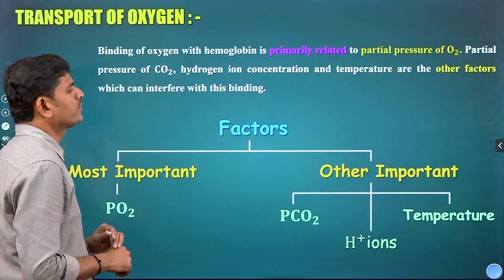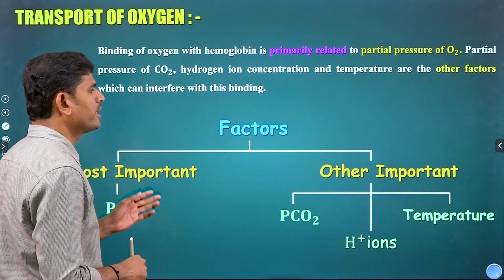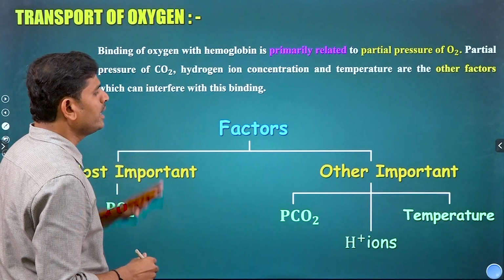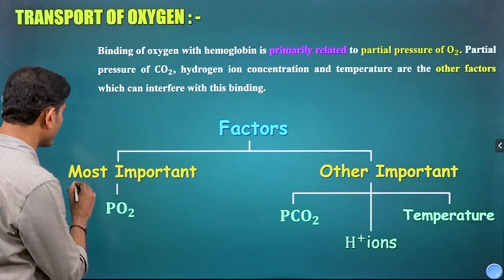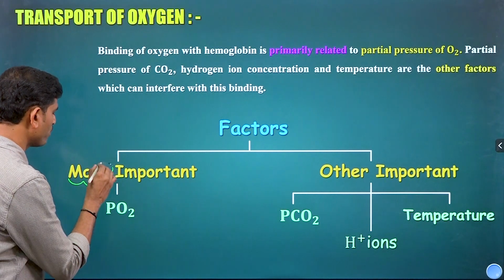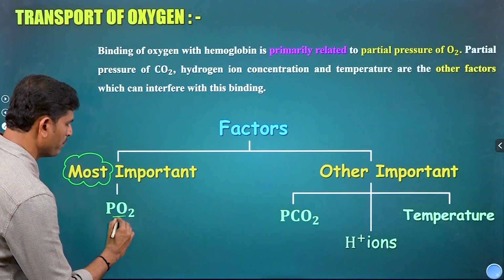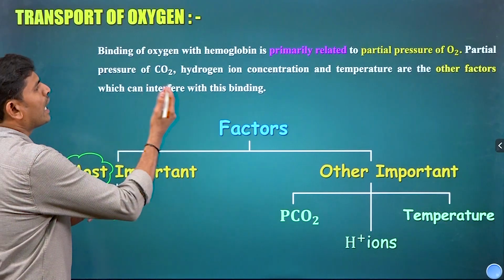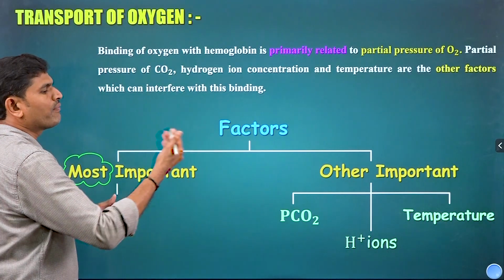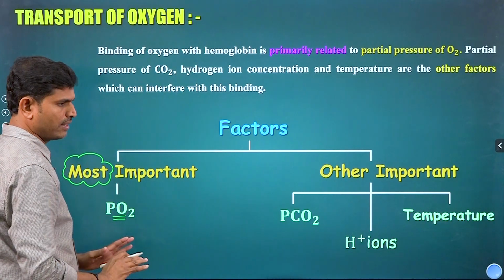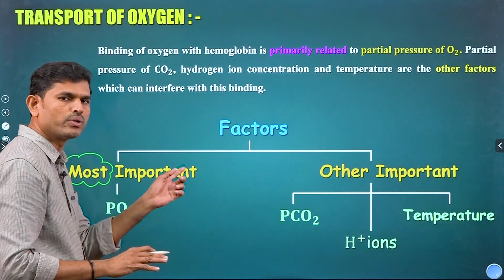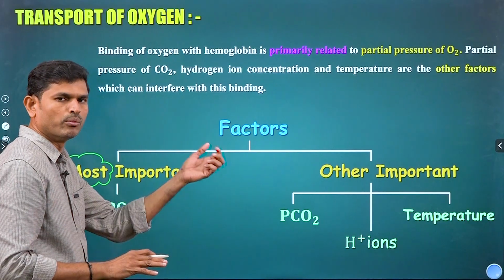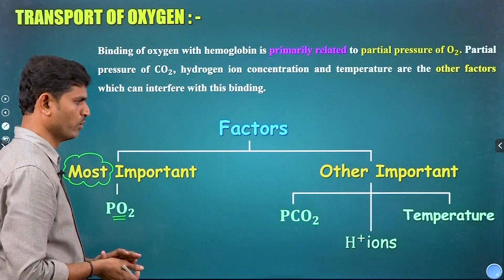Transport of oxygen is completed, but this is affected by some factors. The most important factor here is PO2. So oxygen transportation is affected by itself. Where PO2 is more, there it easily forms the bond with the hemoglobin and forms oxyhemoglobin.